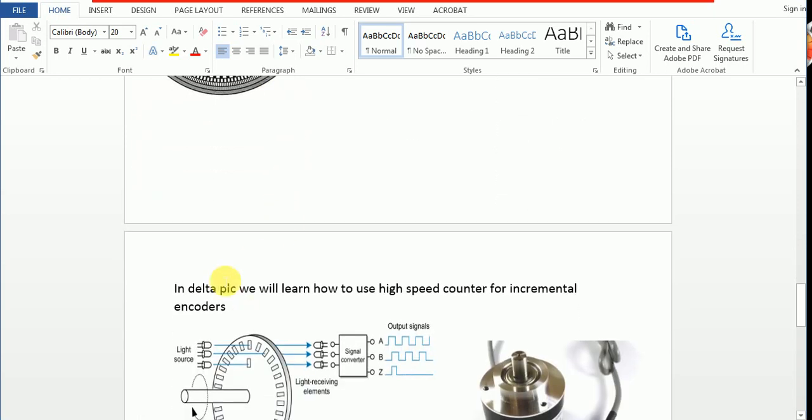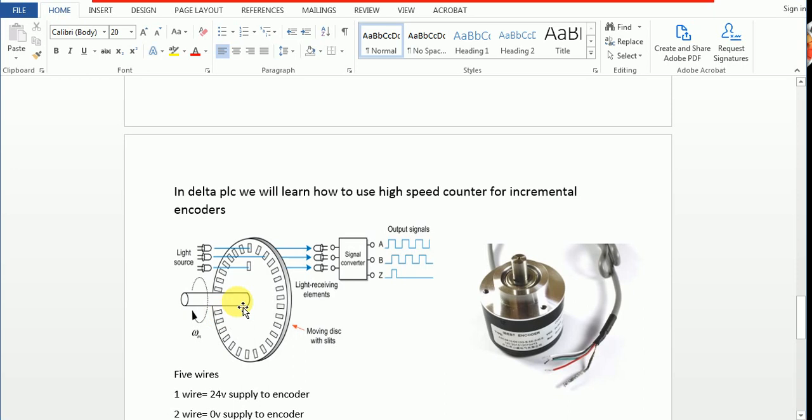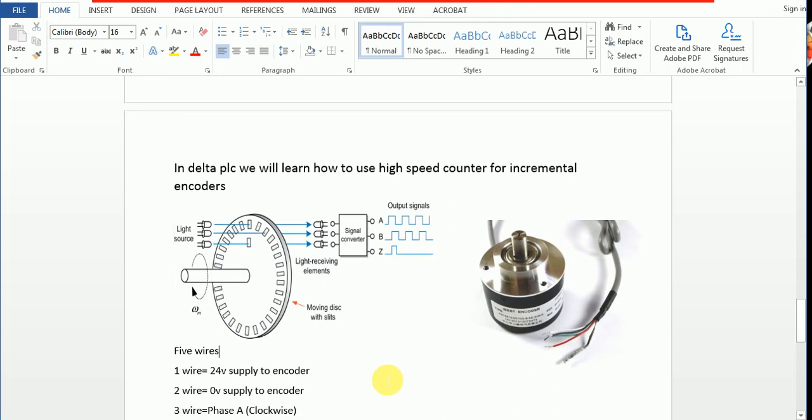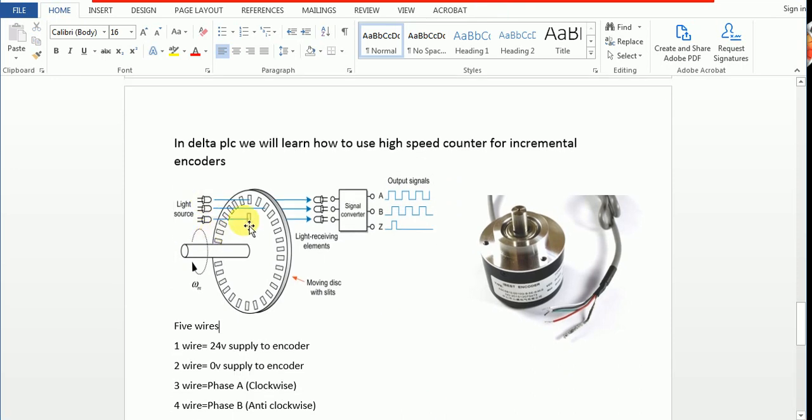In Delta PLC we will learn how to use the high-speed counter for incremental encoders. You can see this is an incremental encoder circuit diagram. There are 3 LEDs and 3 light receiving elements, which will be attached to some counters, and these are a moving disc with slits.